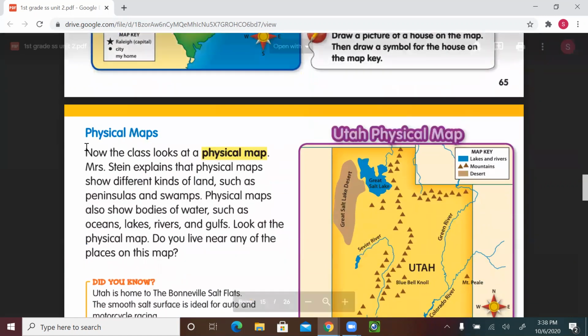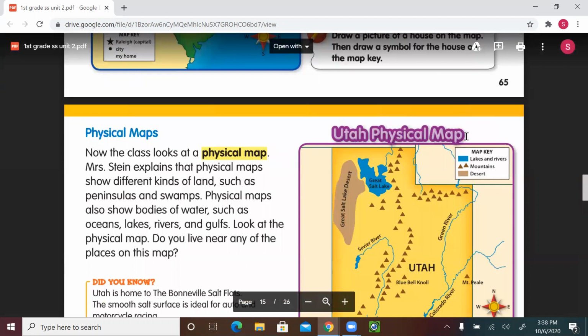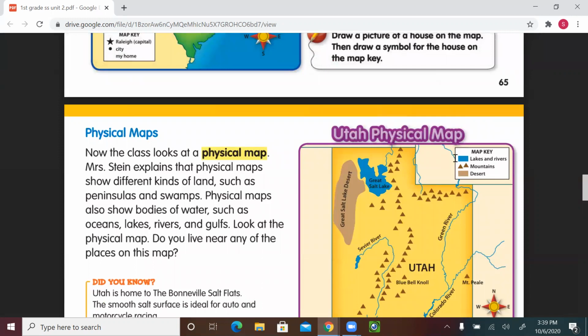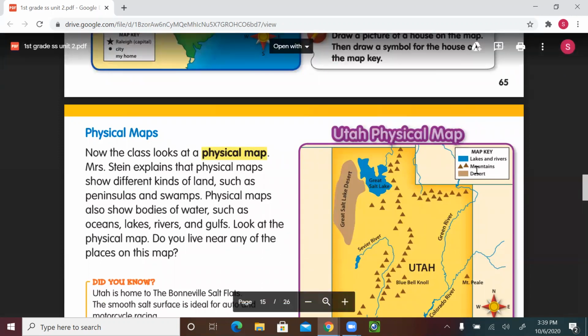We also talked about physical maps and our example with the Utah physical map, and we know the map key for this map. We saw the lakes and rivers, and they used a blue rectangle.